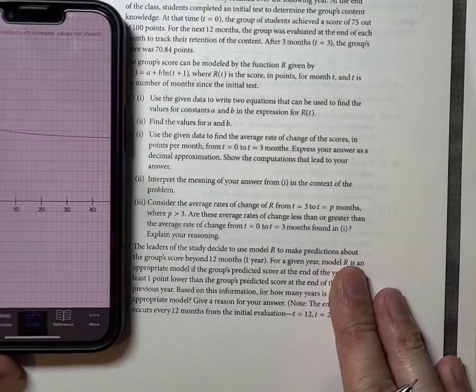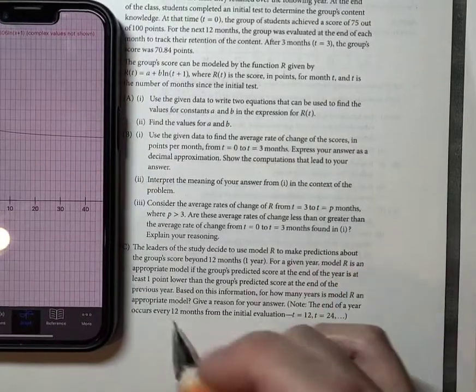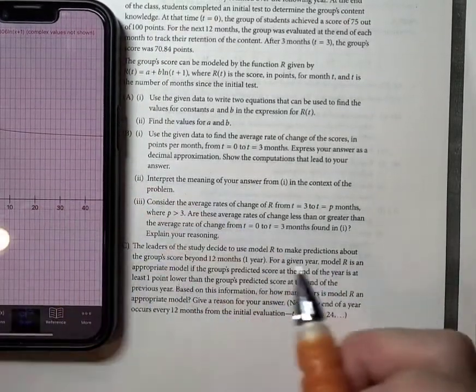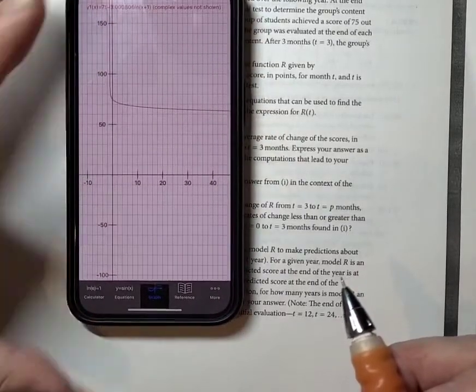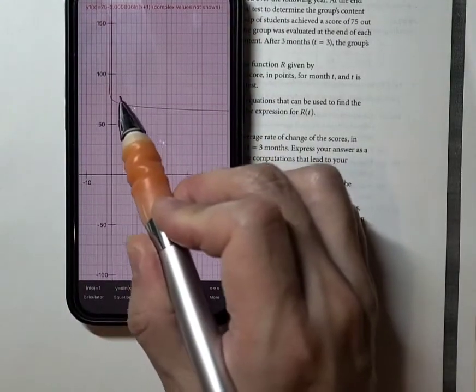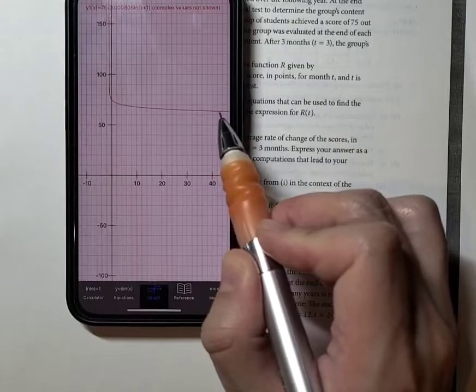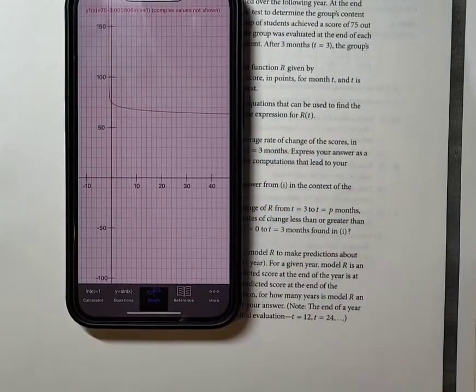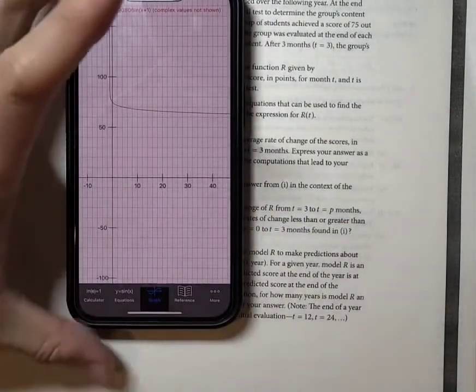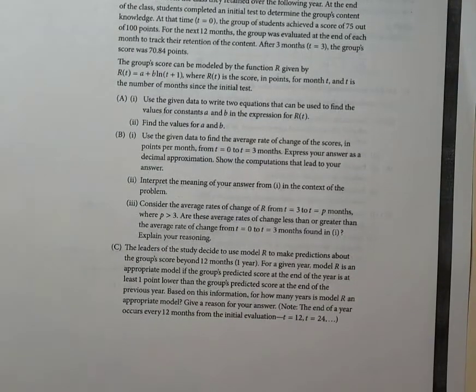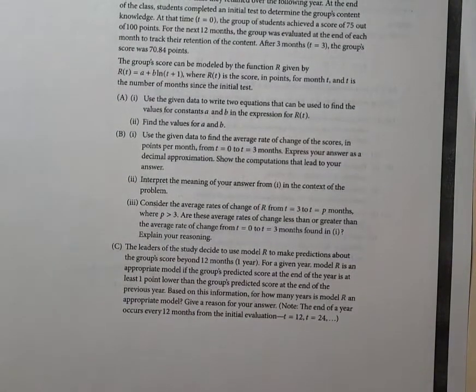Let me move it here. So since the graph is, there's a glare over there actually from my lights, the graph is decreasing and concave up. That might be important, okay? So let's go back to here.